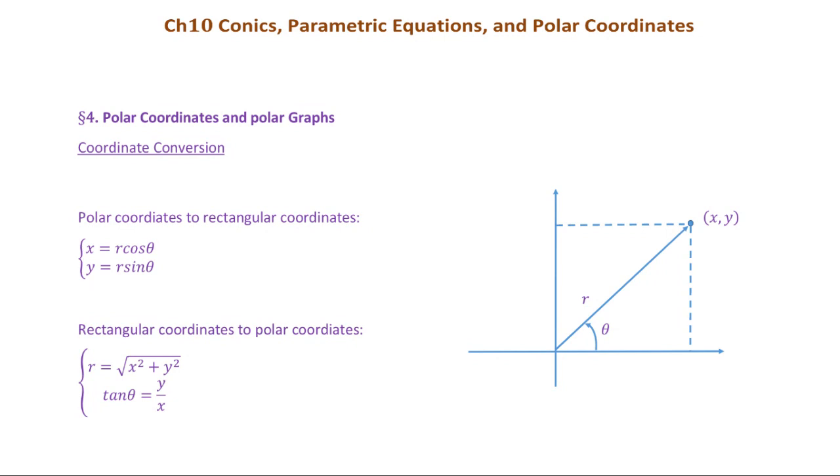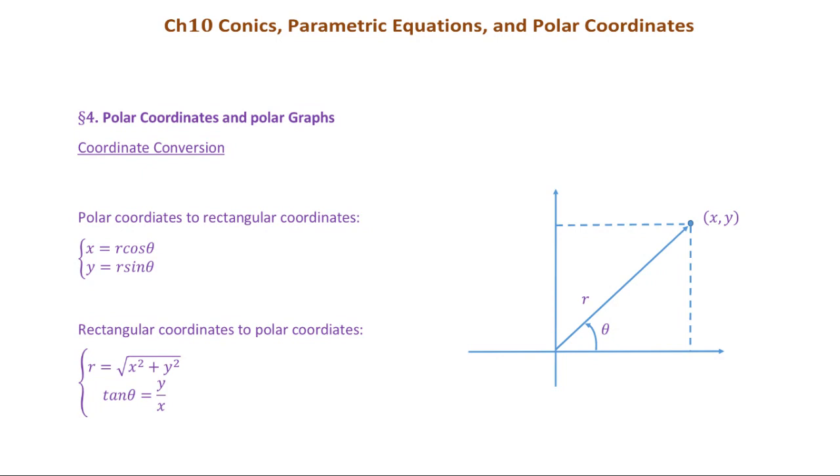and you can also use the Pythagorean theorem to convert from rectangular coordinates to the polar coordinates. So if you are given rectangular coordinates x and y, then you can easily find the r by taking the sum of x squared and y squared and take the root, right? Or you can simply use the distance formula from the origin to the point x, y.